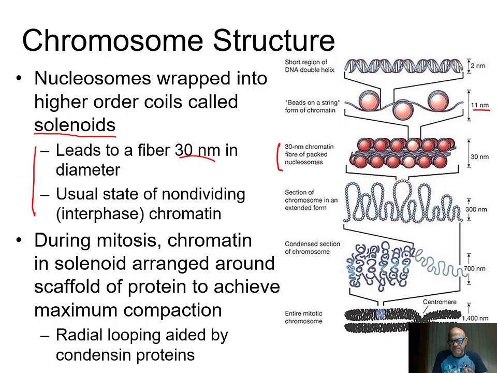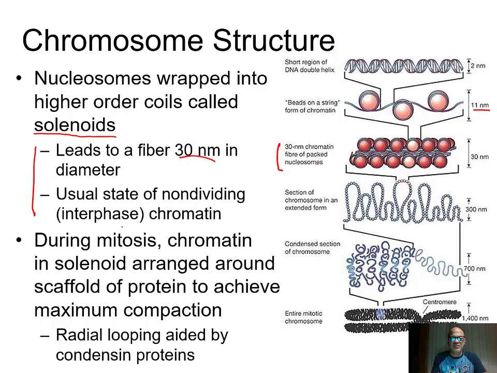And then during cell division, when we make copies of your DNA, the 2 copies of DNA are each going to be in the form of chromatin, but because the DNA is really long, we're going to have to condense it even further, and that means organize it even further by coiling it up.